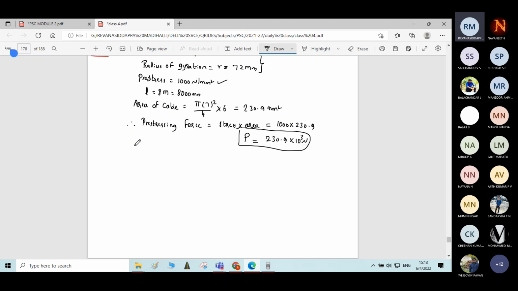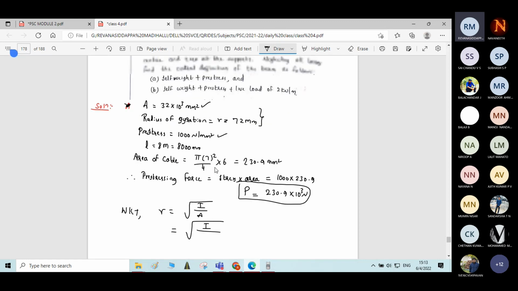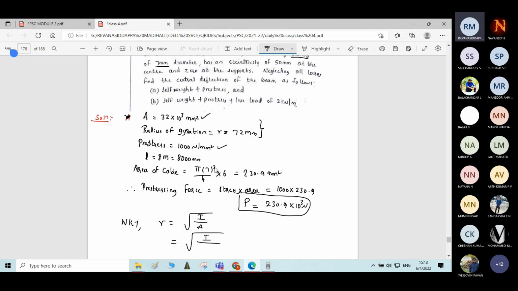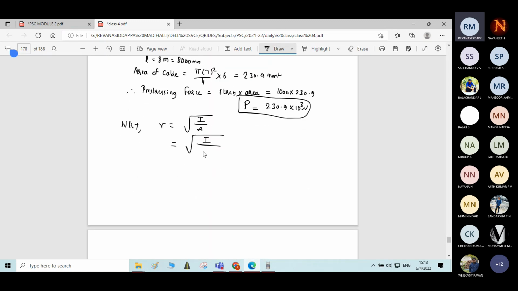We have the formula for radius of gyration. We know that radius of gyration R is equal to root of I by A. This you learnt in your first year of engineering itself. The area of cross section of the member is 32 into 10 power 3, and the radius of gyration is given as 72 mm.